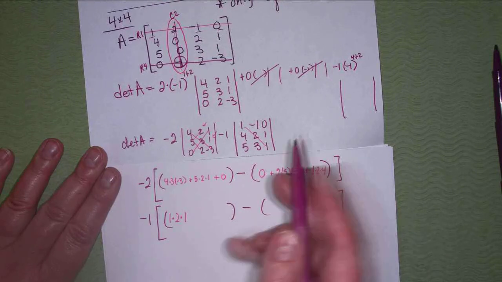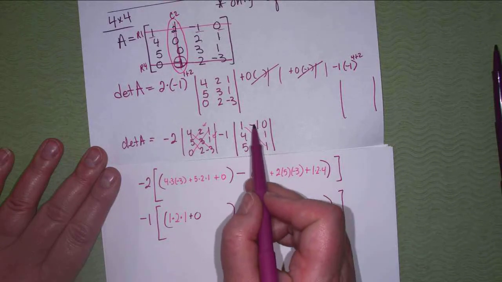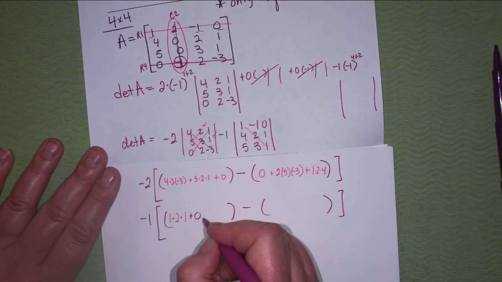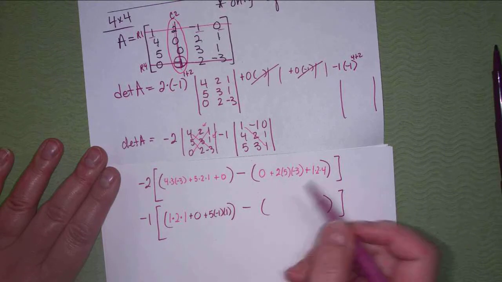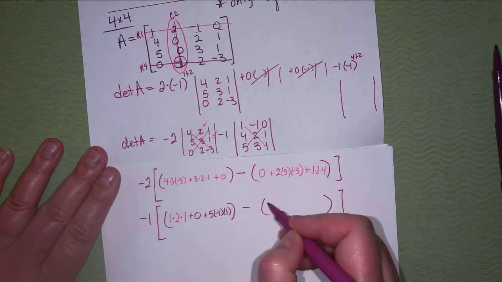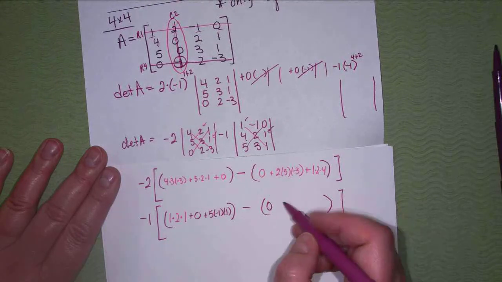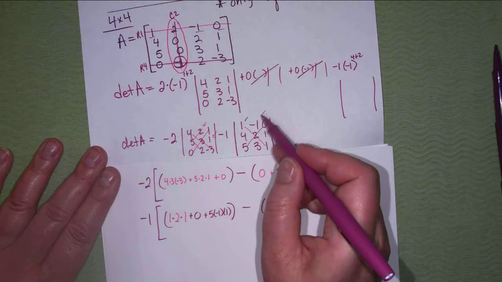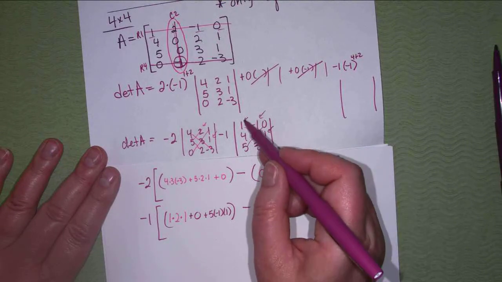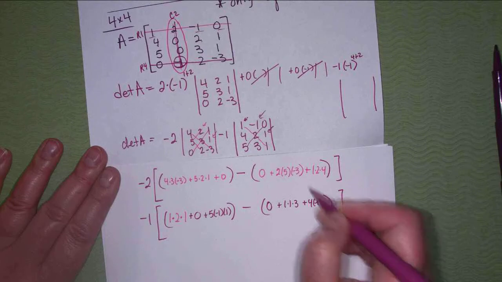Okay, 0. And then 1, negative 1, and 5. And then backwards, 0, 1, 1 and 3, and 4, negative 4, negative 1, and 1.